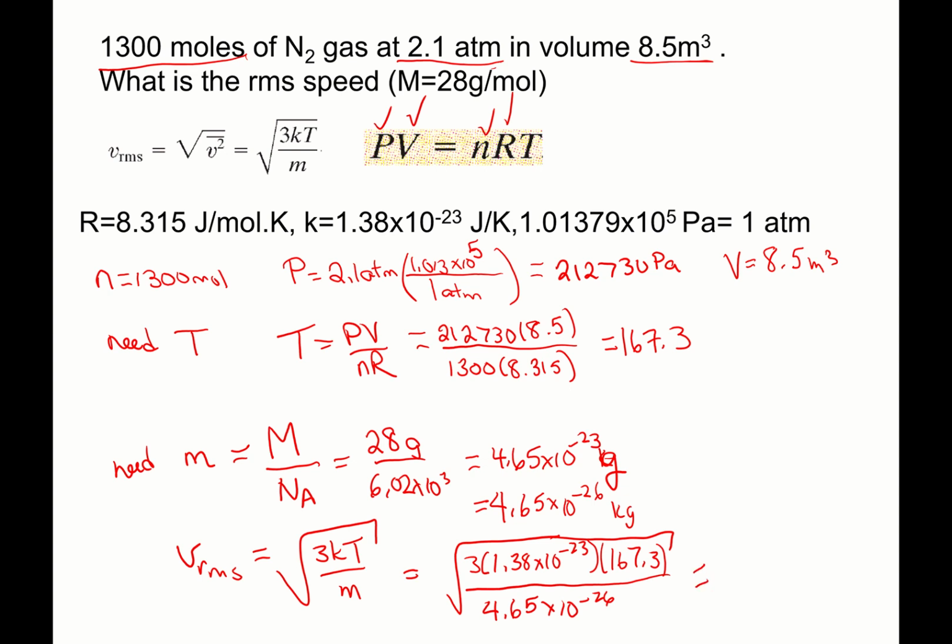If I do that, I get 386, and I should round it to 390. And what are the units going to be? Meters per second. So those are moving really, really fast, right? That's faster than the speed of sound in air at room temperature.